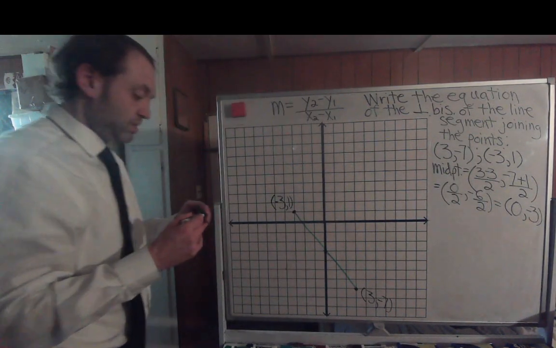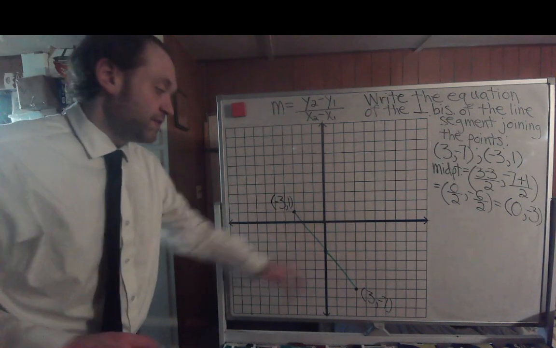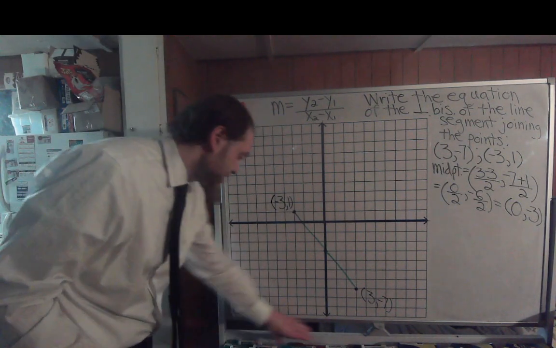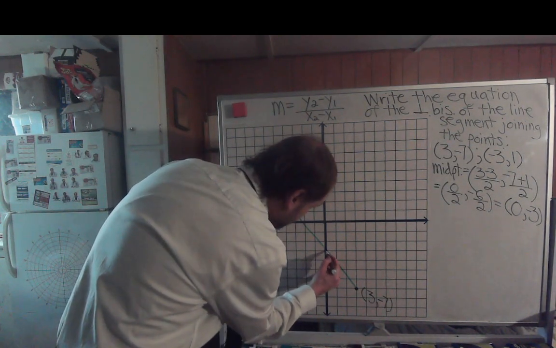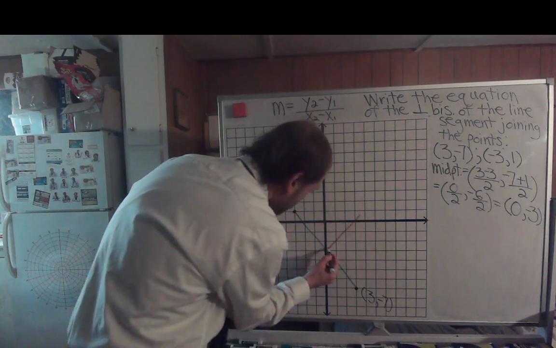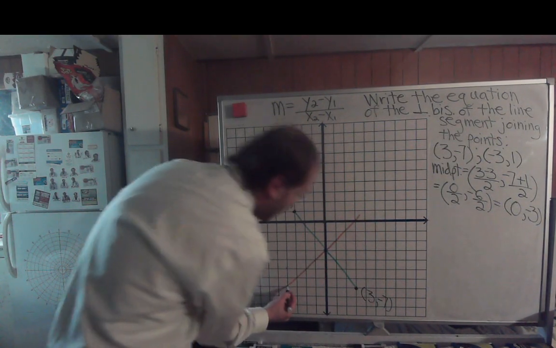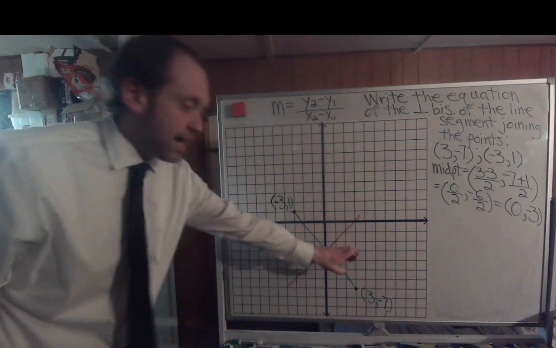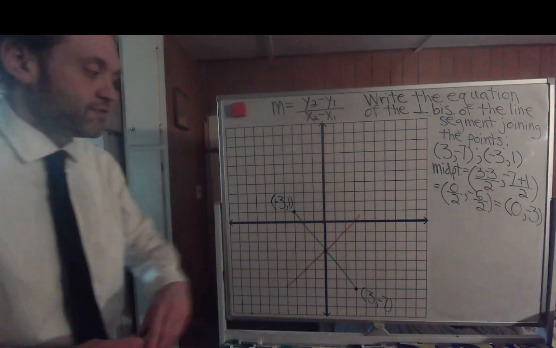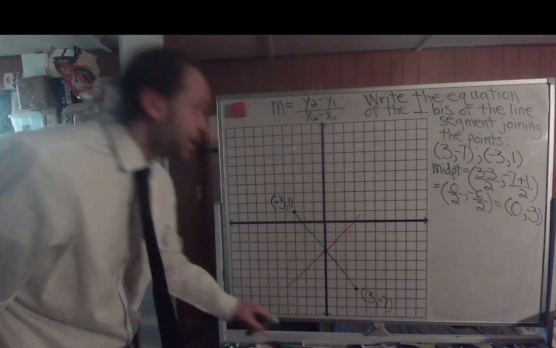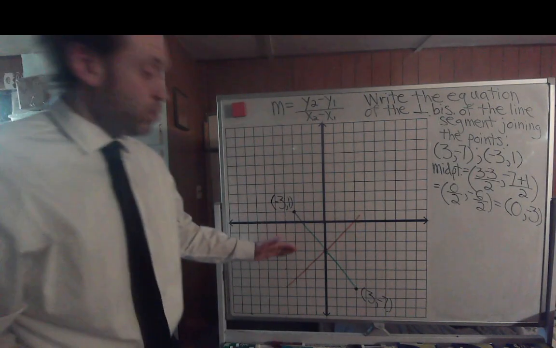So there's your line segment there that we got to find the equation of the perpendicular bisector to. So that means your perpendicular bisector should look something approximately like that if you're graphing it, in the brown there. That would approximately be the equation of the line we're trying to find. Now, we found the coordinates of the midpoint, which will help us in the equation.